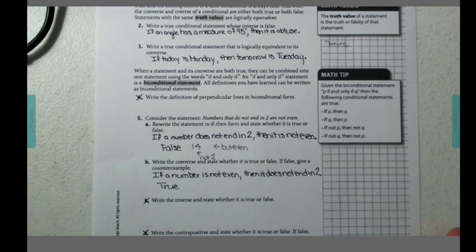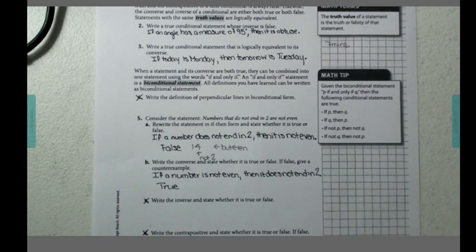Okay? Number 3 said, write a true conditional statement that is logically equivalent to its converse. So, again, you don't have to have this exact answer. If today is Monday, then tomorrow's Tuesday. That's true. But I could say, if tomorrow's Tuesday, then today is Monday.